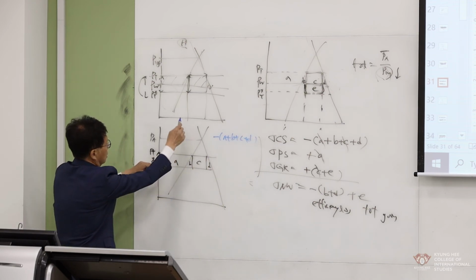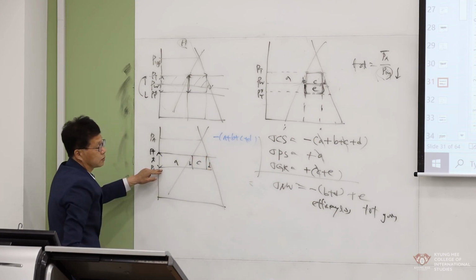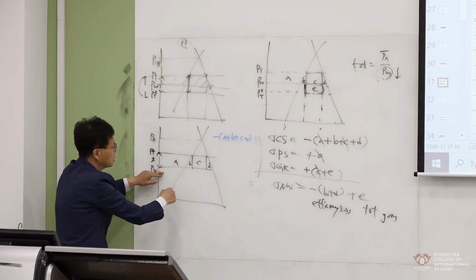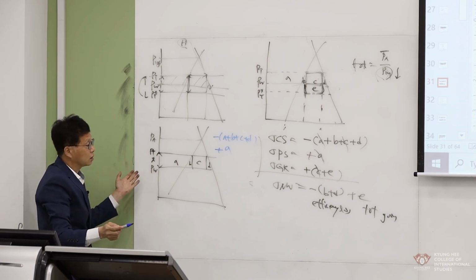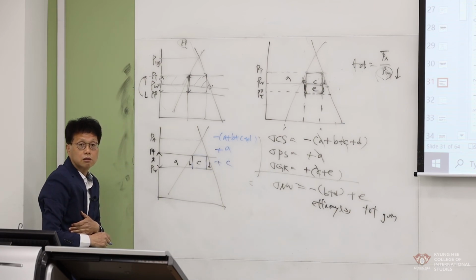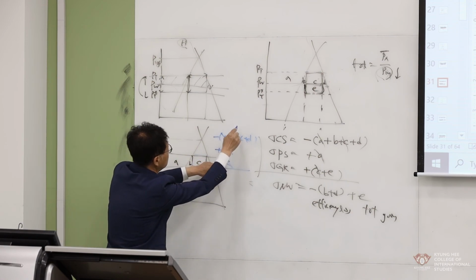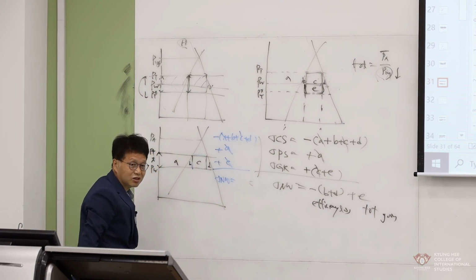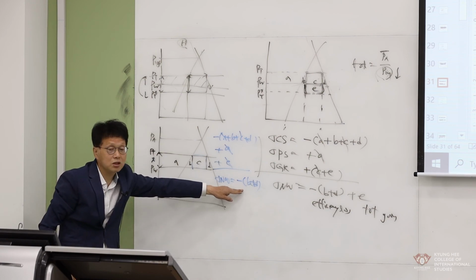Now think about it. Originally consumer surplus is this area, now it is this one. So minus A plus B plus C. The change in producer surplus is from this one to this one after imposition of the tariff, so plus A. And the change in government revenue is just C, plus C. So national welfare is minus A plus C minus C. So the change in national welfare when a small country imposes a tariff is just minus B plus D. B plus D is the efficiency loss.